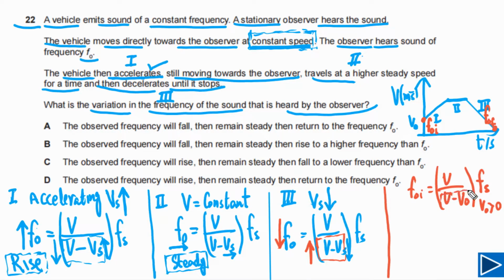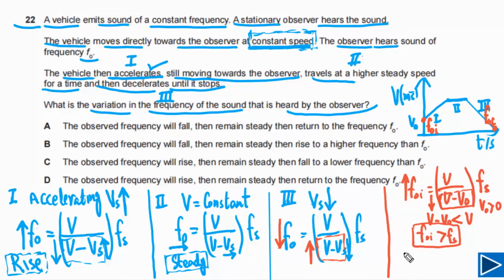It means that v − v0 is smaller than v. As this is smaller than v, it simply means that f0i is greater than fs. So the observed frequency is greater than fs.